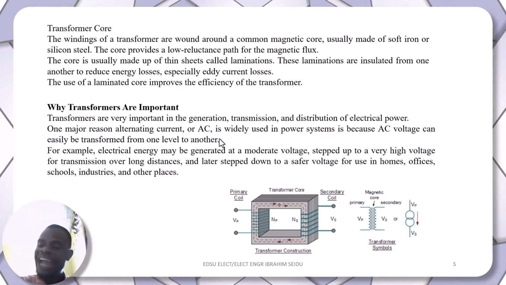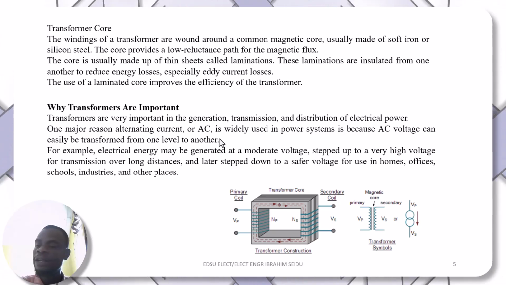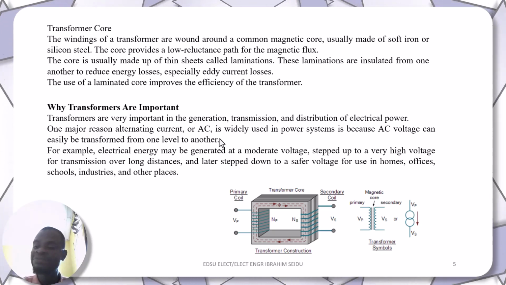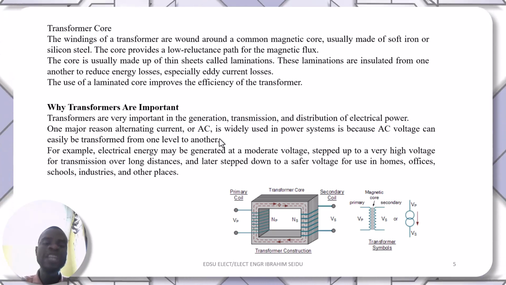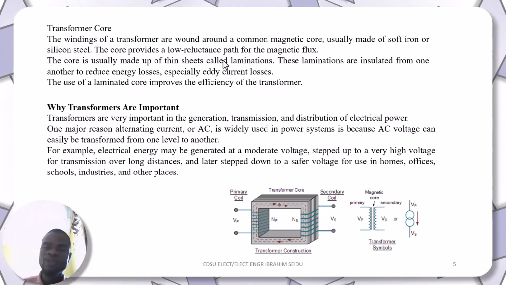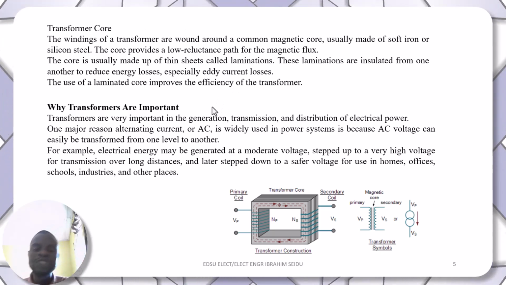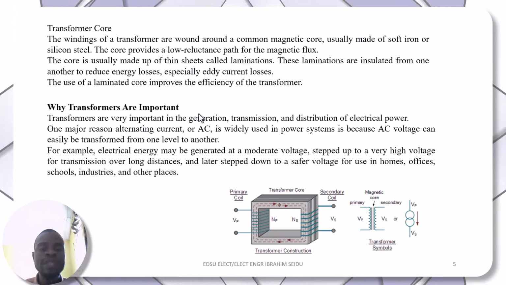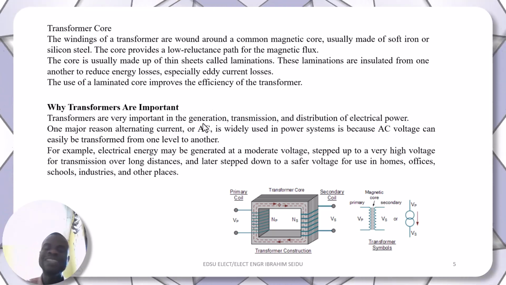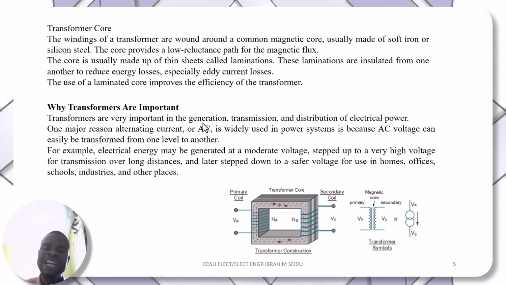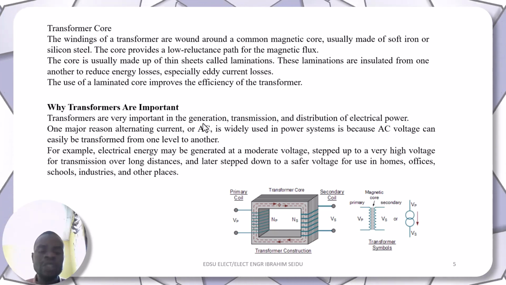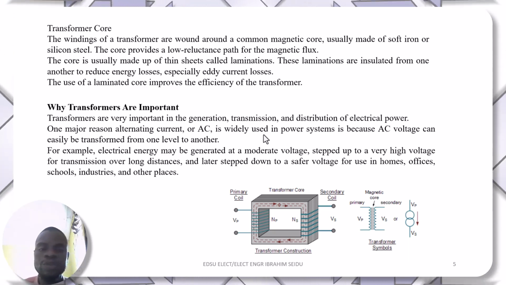Then I squared R losses, that is the power losses coming out in the form of heat, will be very high. So to reduce this, they need a transformer to step up the voltage so that the current will be reduced, right? So they reduce the current and step up the voltage to around 330 kilovolt or 132 kilovolt, depending on the type of transmission line they want to use.